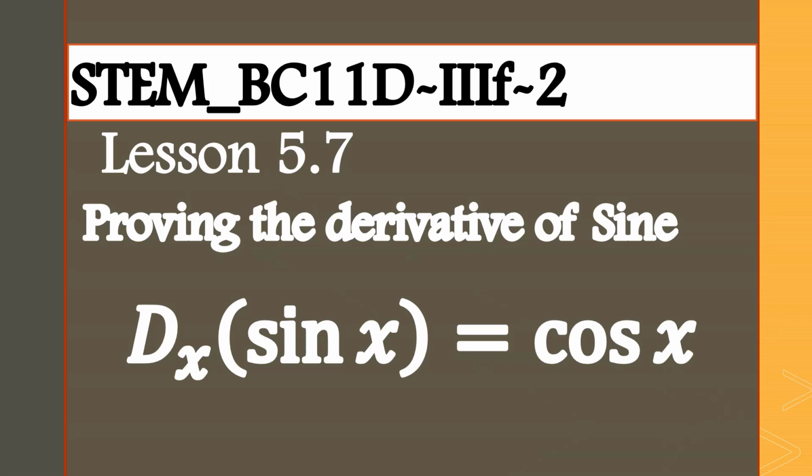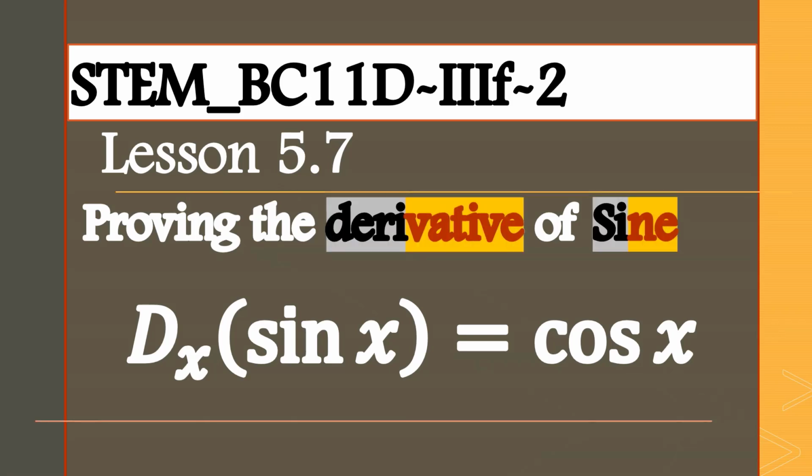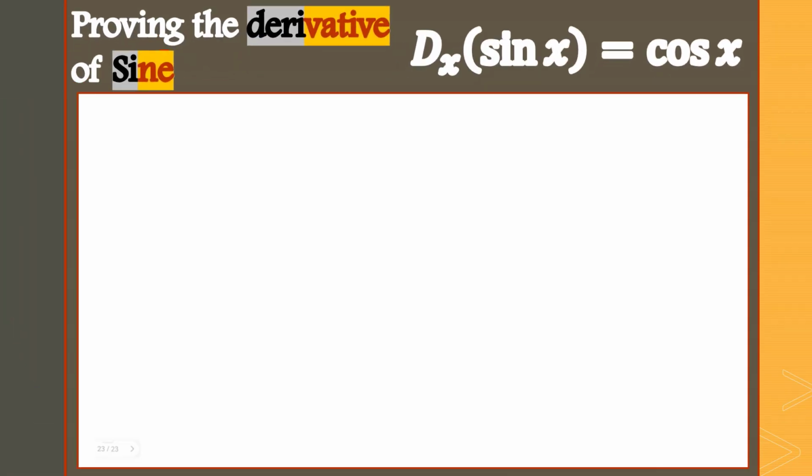Let us prove the rule for the derivative of the sine function. Here we are going to show that the derivative of sine x is equal to another trigonometric function, cosine x.